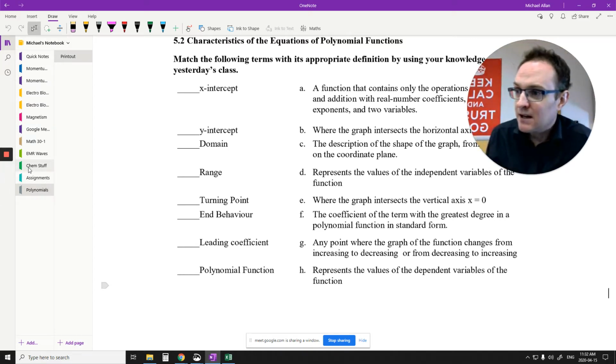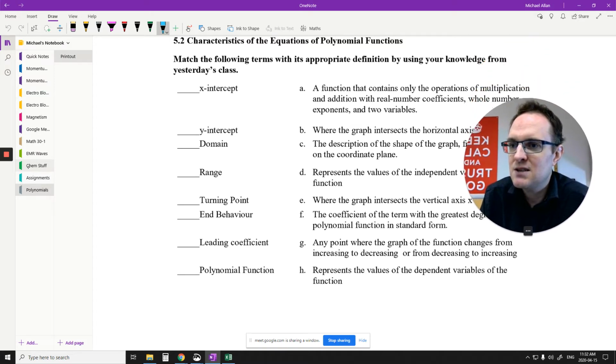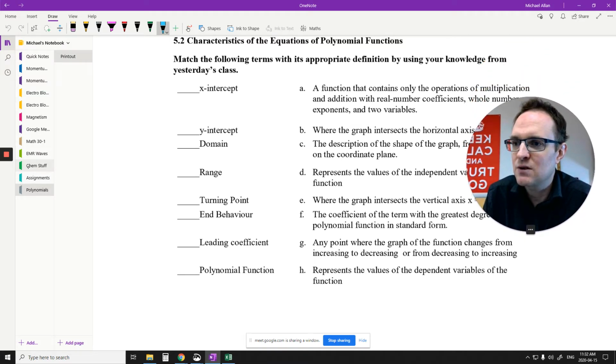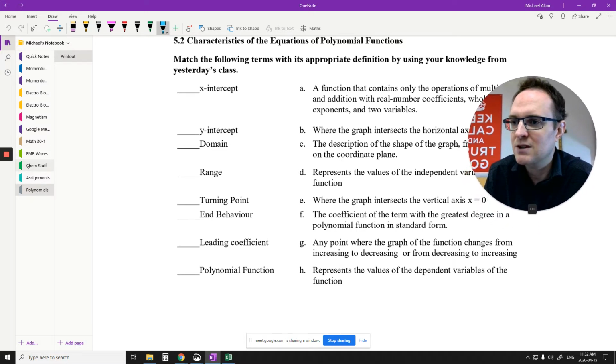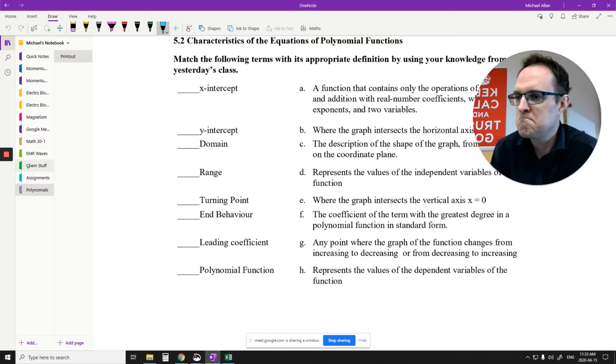So the x-intercepts, let's go through. Maybe we can read the definitions and try to match it to these because these are a little bit easier to read. So a function, it contains only operations of multiplication and addition with real number coefficients and whole number exponents and two variables. That was the whole definition of a polynomial. So I'm going to call this one A. Cross that off.